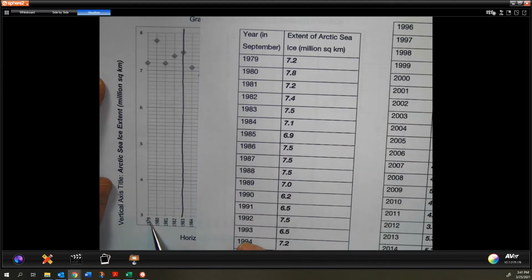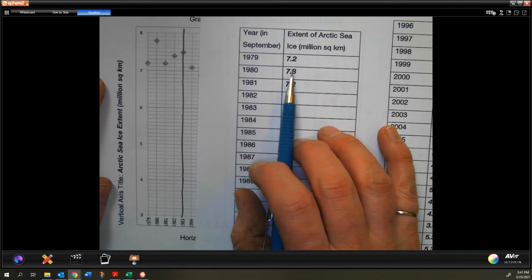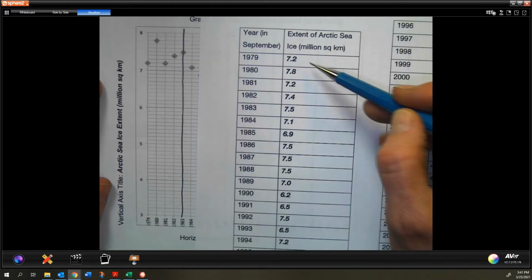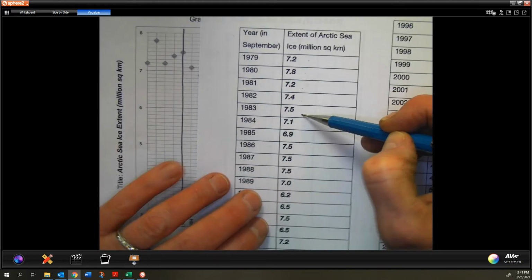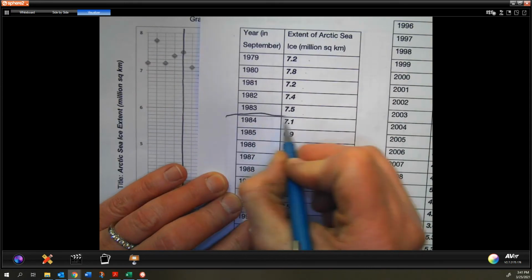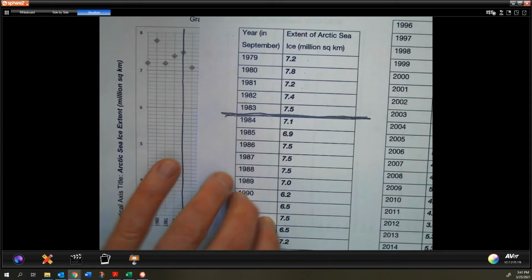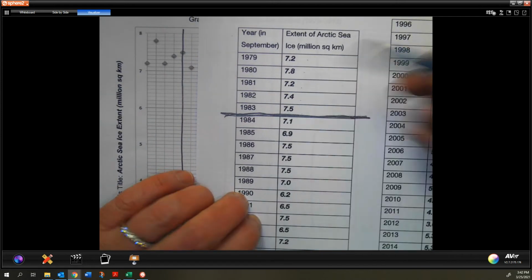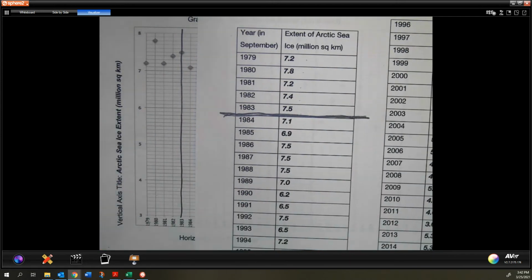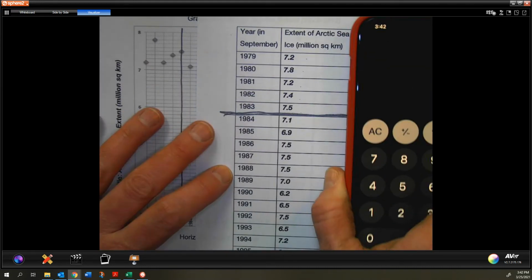It starts here at 1979. 1979, it tells you. So I need 1, 2, 3, 4, 5 years worth of data right here. And all I'm going to do is take and add those things together. And get my phone, I mean my calculator.